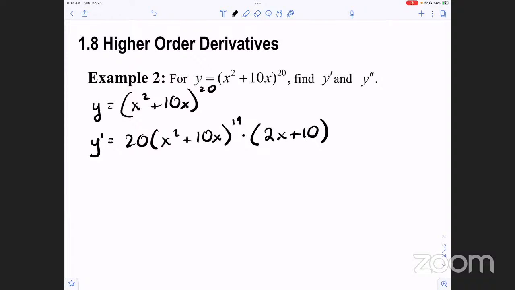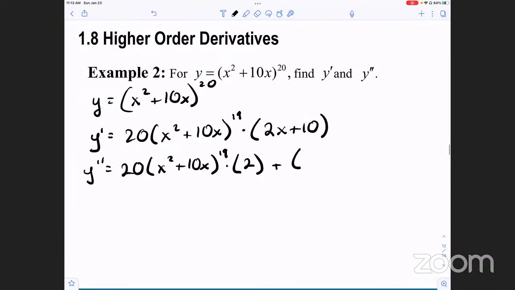For y double prime, it looks like we have to use product rule, chain rule, several rules in one go. So product rule is the first, which is this guy, times the derivative of the second, so that's going to be times 2. And then the derivative of the first, so that means the 19 comes down, what is that, 380?